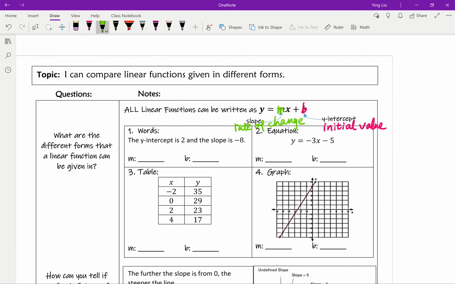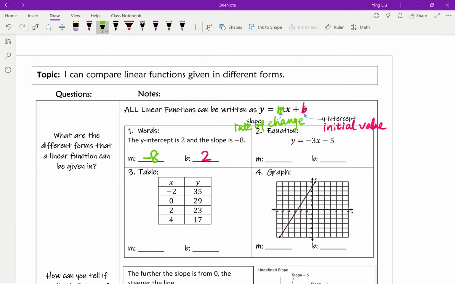So the y-intercept is 2, and in the equation mx plus b, b is the y-intercept, and the slope is -8, so m is -8. Now make sure that we know whichever number is multiplying the x, that is the slope. It doesn't matter if it's written first or second. If it's multiplying the x, that's the slope.